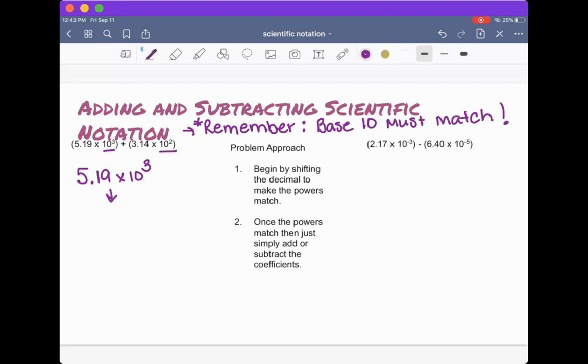That means I'm going to move the decimal in this direction to make my number big at the end. I'm going to move the decimal 3 places: 1, 2, 3. So I'm going to have to add a 0. My standard form is going to be 5,190. Okay, you guys with me?